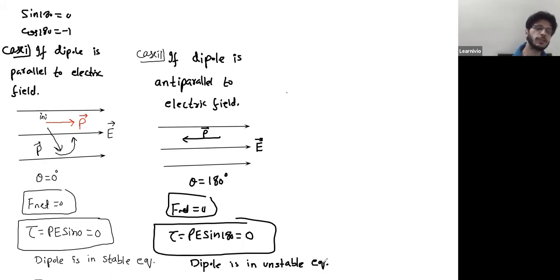Unstable equilibrium means if you disturb this dipole, then a torque will act on it. In which direction will this dipole align? Once I disturb it, will it align parallel to the field or anti-parallel to the field? Just see, in the previous slide, I have written something about torque.